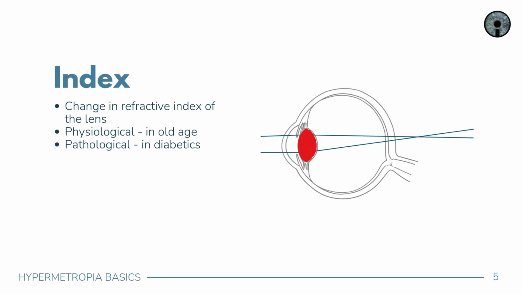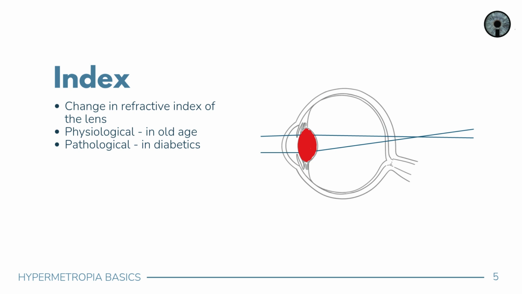The next significant contributor to the refractive power of a normal eye is the lens. Any change in the refractive index of the lens can cause a decrease in the converging power of the lens, leading to hypermetropia. Such a hypermetropia is known as index hypermetropia.